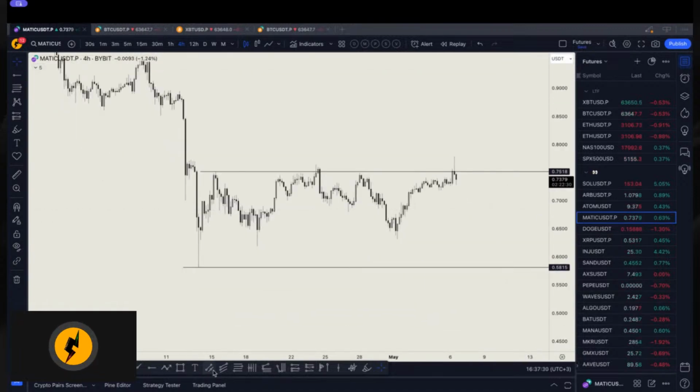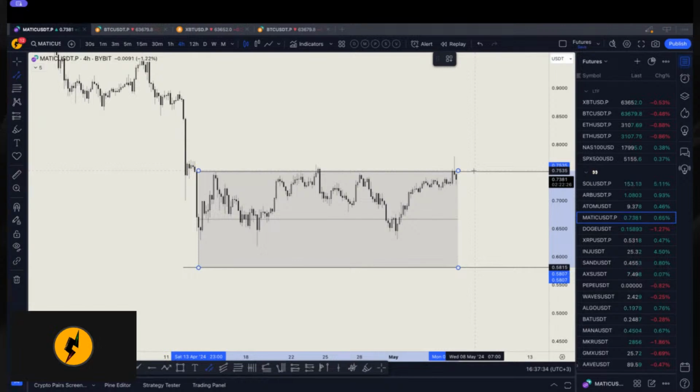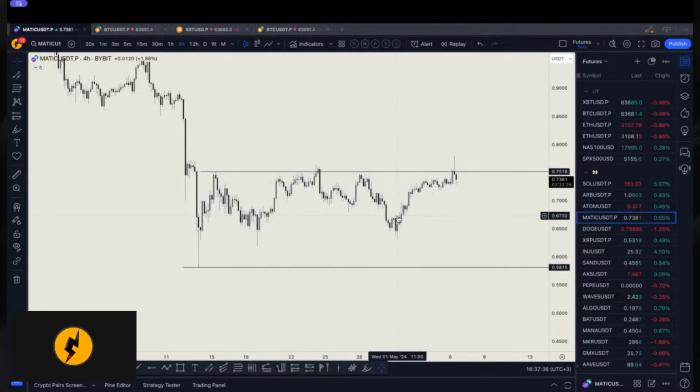Now you can also use this channel tool in TradingView. It gives you the median level as well. I don't really like it, I just use lines. Oh, Dixie is a nice one. Nice call. I will definitely take a look.